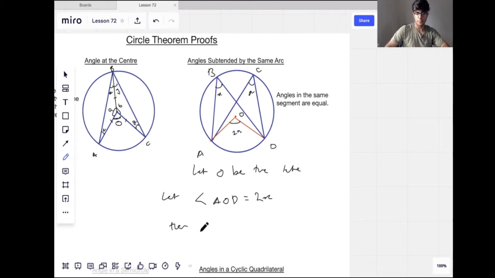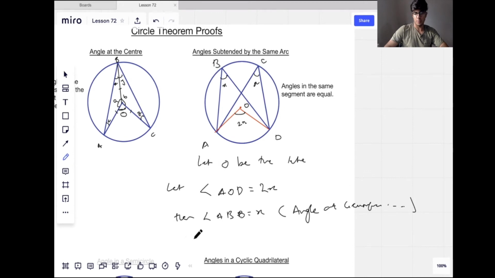Then angle ABD, i.e. this, is equal to x, and we put angle at circumference is half the angle at center, so you reference this previous result. By the same logic, angle ACD is equal to x, therefore angle ABD is equal to angle ACD, and you've got your proof.